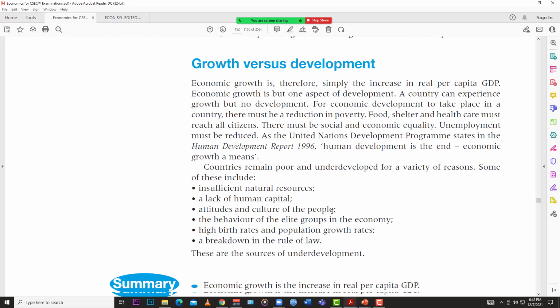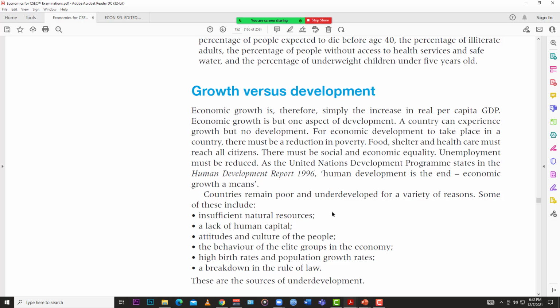So with all of that, right? With all of that, let's look at the conclusion here in the book. Economic growth is therefore simply the increase in real per capita GDP. Economic growth is but one aspect of development. A country can experience growth but no development, as I asked earlier.